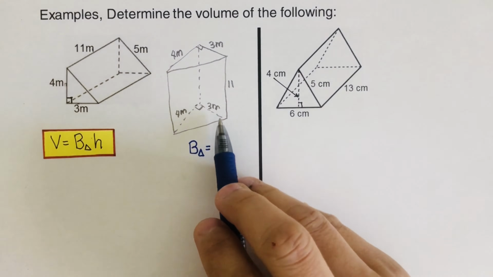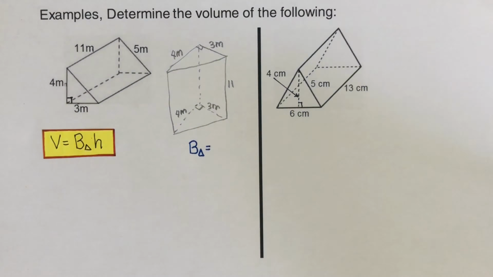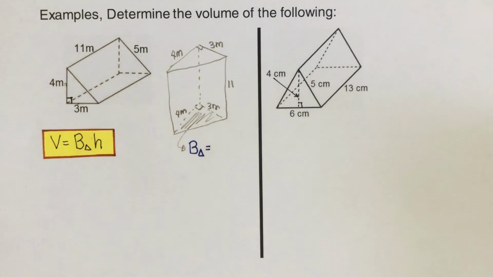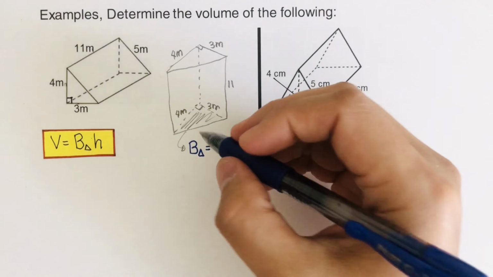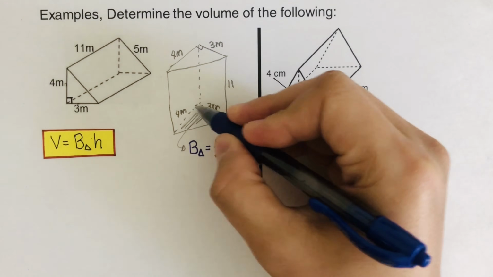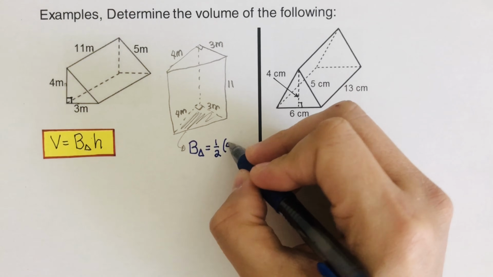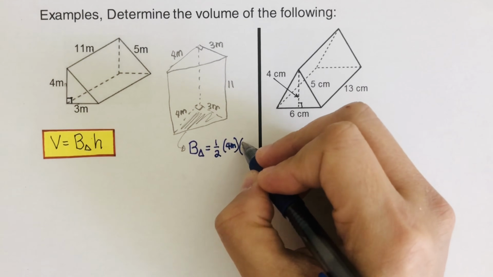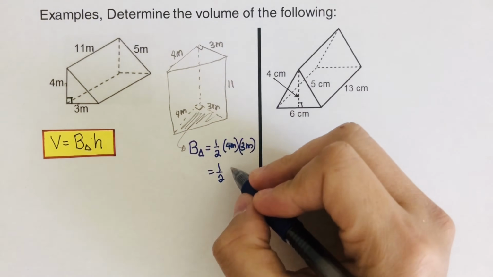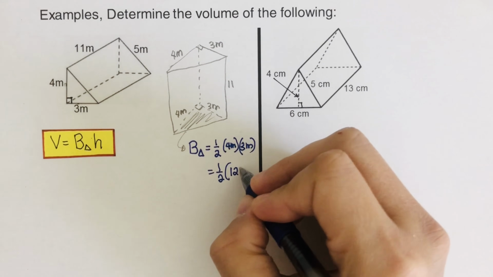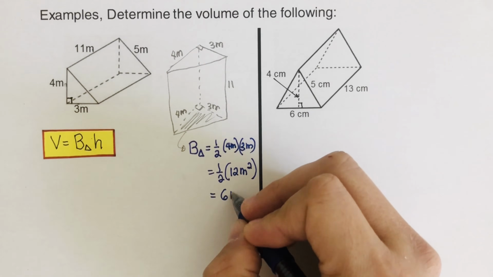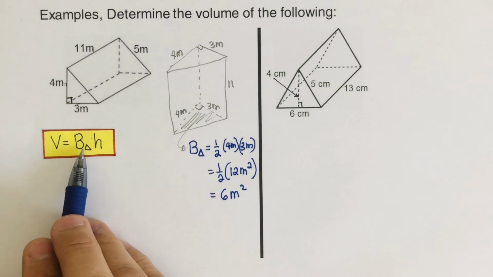Since the base here is a triangle, we are going to use the formula for a triangle to find the area. And that would be half of these two side lengths. So that would be 4 meters times 3 meters. So half of 4 times 3, which is 12 meters squared, so half of that is 6 meters squared. So that's the one that we plug in here.